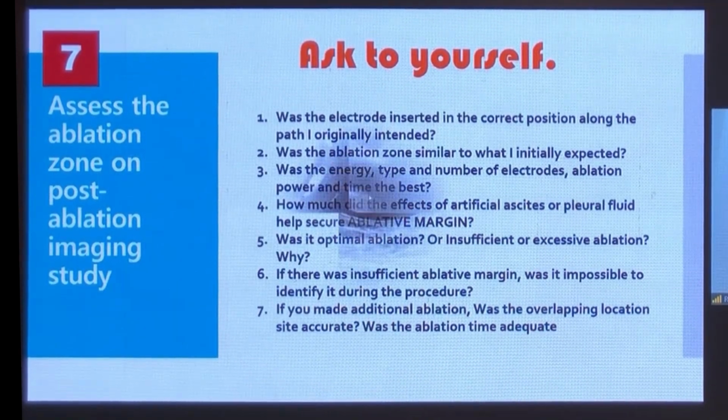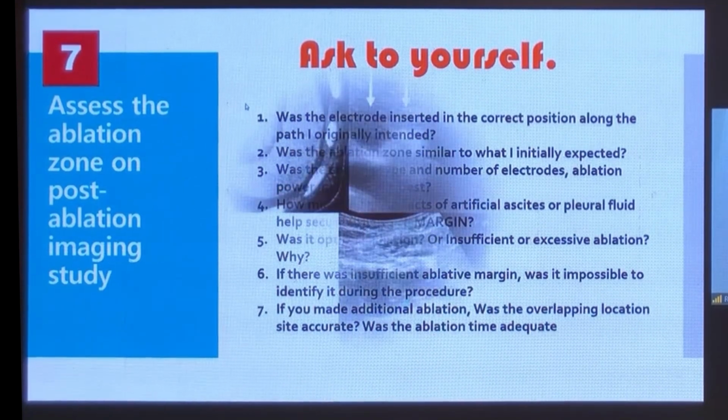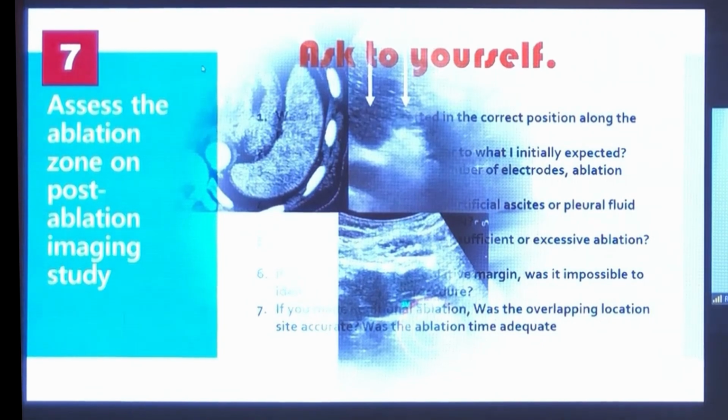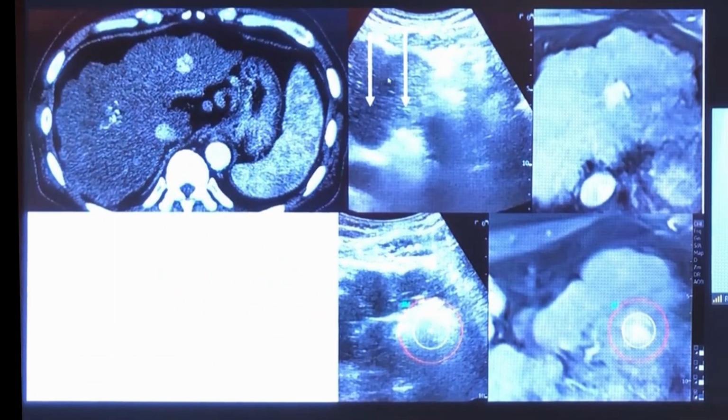This is my example. A 1.5 centimeter tumor in the center of the left lateral segment. On planar ultrasound, the lesion is relatively conspicuous, not bad. So I inserted two radiofrequency ablation electrodes like this.